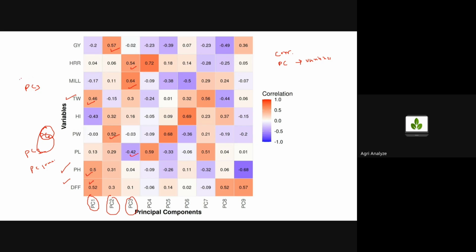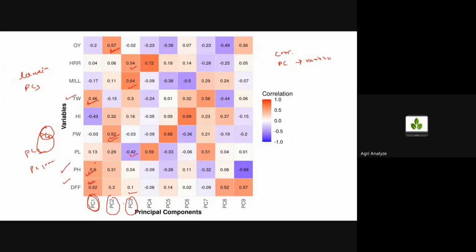It means the loading of these variables is higher in PC3. Same, pod weight and grain yield had higher principal loading in PC2. Same, days to 50% flowering, plant height, and test weight showed higher loading in PC1.